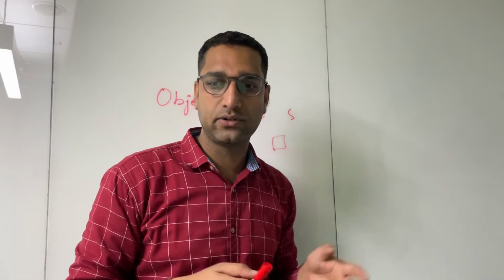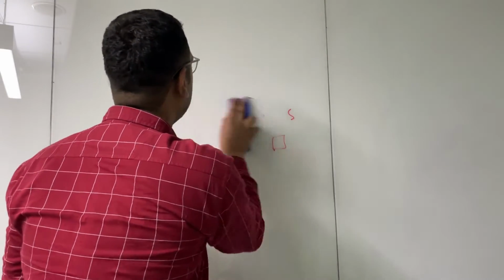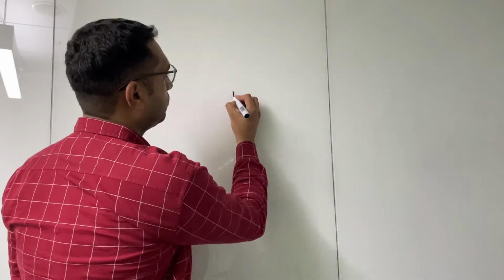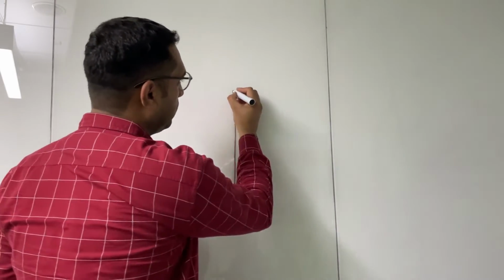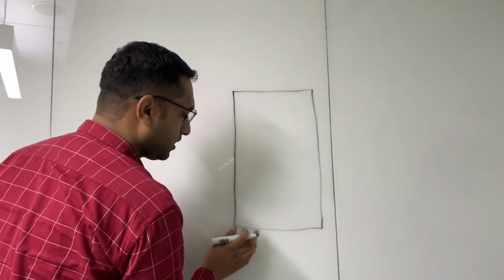Okay, that is understood. For understanding threads, we first need to understand how a process looks in memory. This is how memory looks: it has a low virtual address and a high virtual address in the virtual address space.